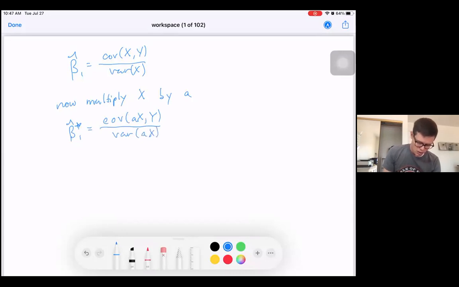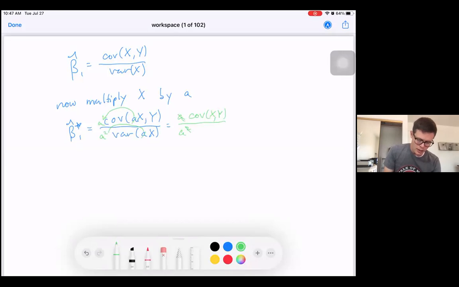You didn't need to do all this work, but I'm going to show you where it comes from again. The a can come out as a, and a constant comes out of a variance as the constant squared. So this is equal to a times the covariance of x and y over a squared times the variance of x.